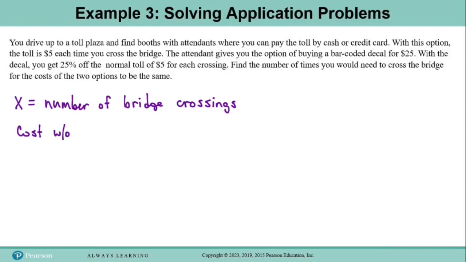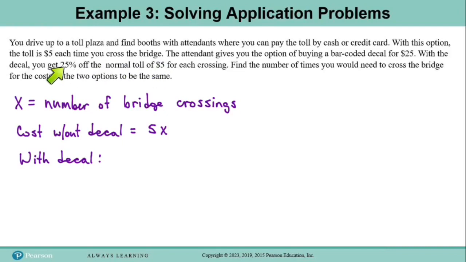Now, without the decal, if we're just paying for each individual trip, it costs $5 each time we cross the bridge. So under that deal, the amount that we would pay total is 5 times however many times we cross the bridge. But with the decal, we'll get 25% off the normal toll crossing, which is $5.